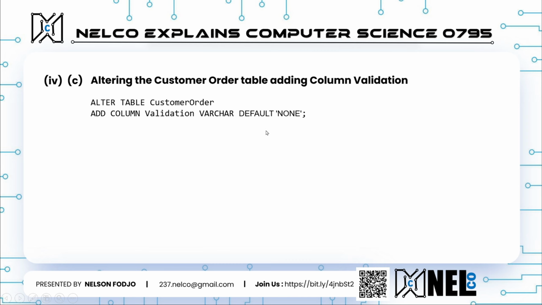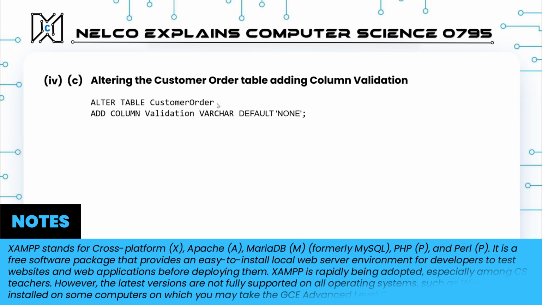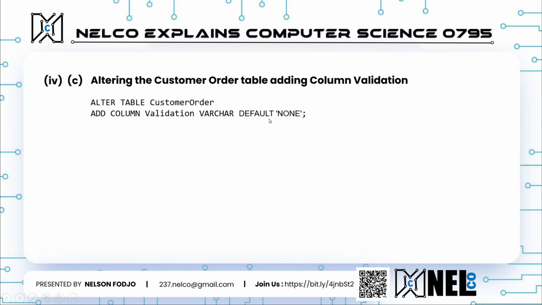This default none does not work in MS Access. It works on XAMPP and not in Access. So we're going to use this only to add the column validation, and then go to the design view before adding none for the default. But in your answer booklet, copy this entirely.